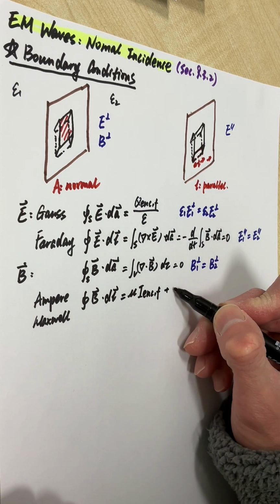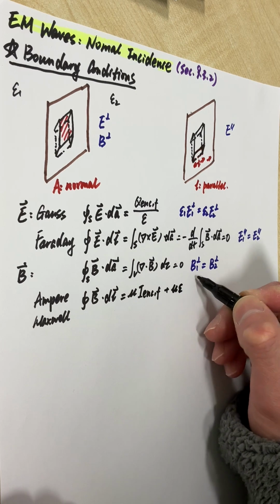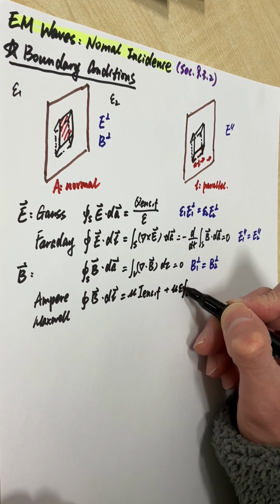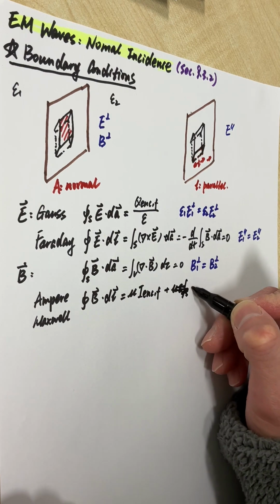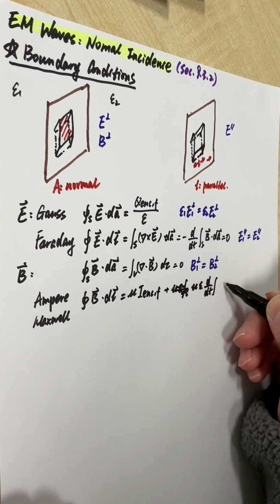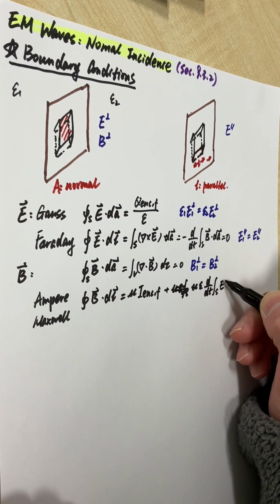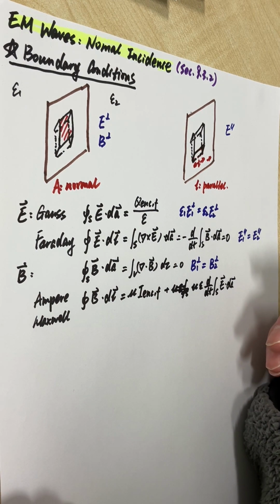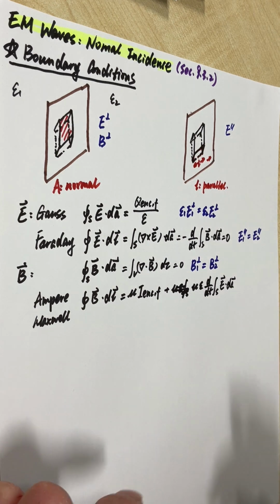So we have mu epsilon d/dt and then the surface integral of E dot dA.